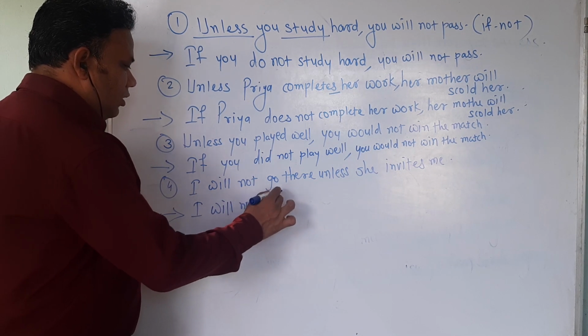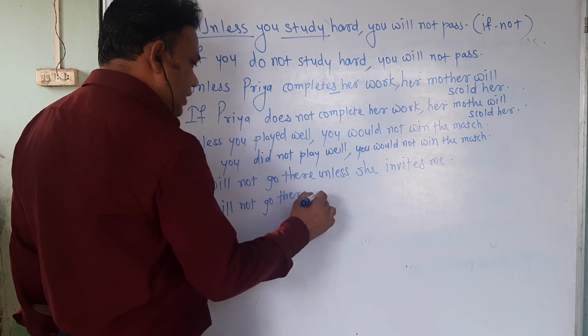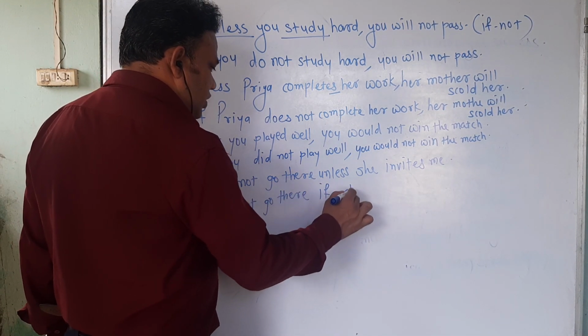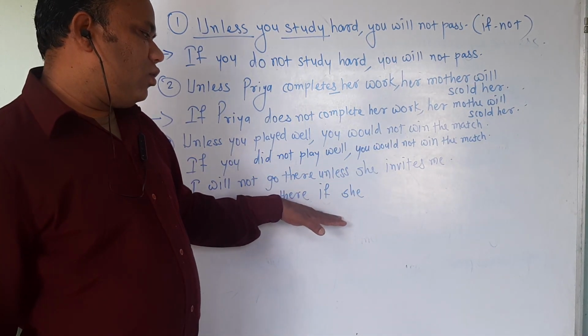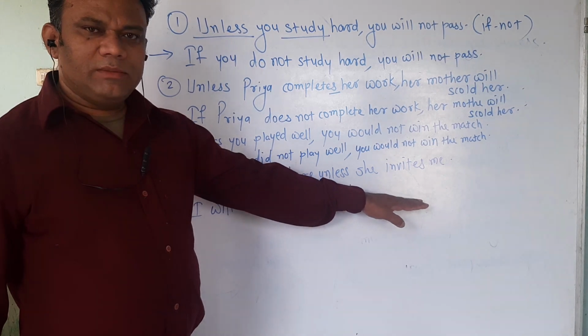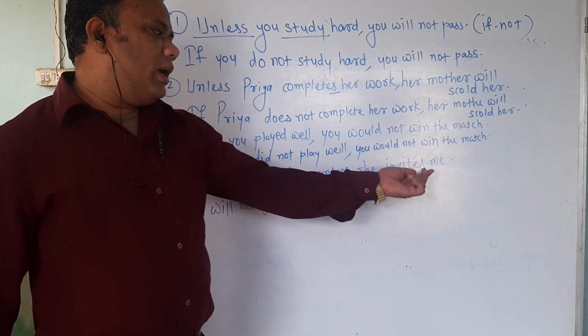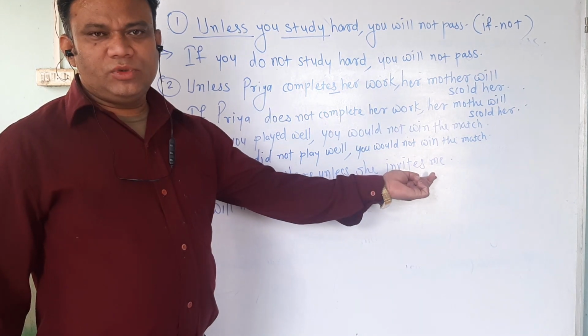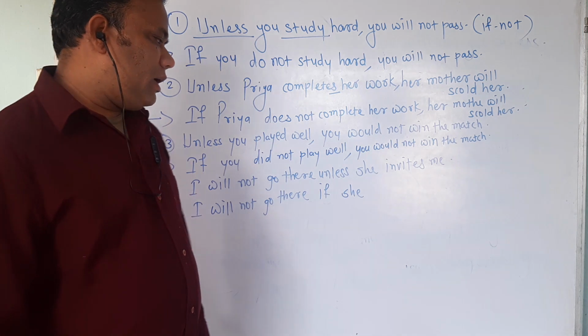I will not go there, unless we have to replace with if, she. Now after replacing unless with if, what we have to do? Whatever first verb comes after that, that verb we have to make negative. Here s is added to the main verb. So we have to use does not plus V1 to make it negative.